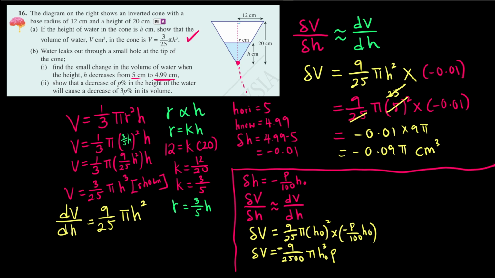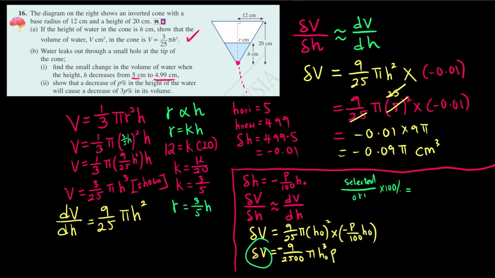Since they asked us to find the decrease of 3p% in volume, how do we find the percentage decrease in volume? We're going to use the formula of change divided by original times 100%. If you don't know, you can watch my previous video. What's the change? They asked us to show there's a decrease in the volume.